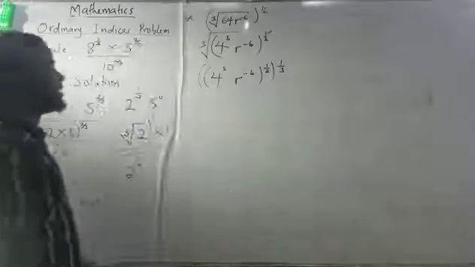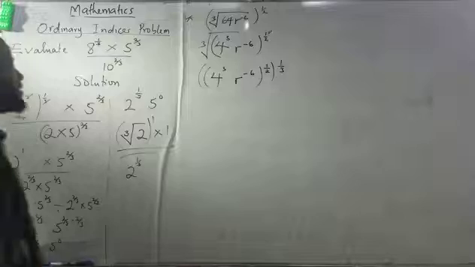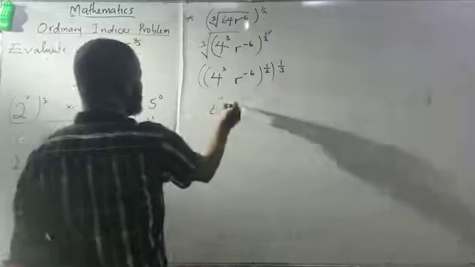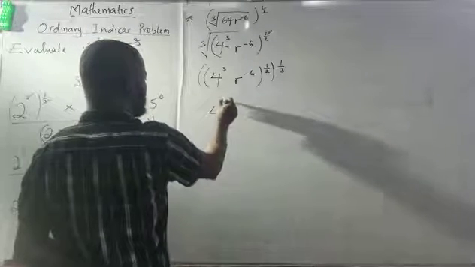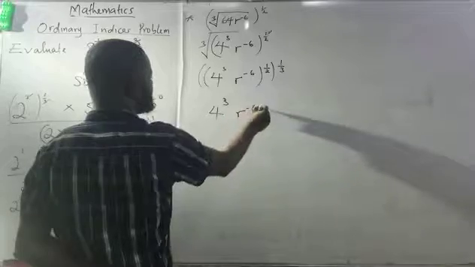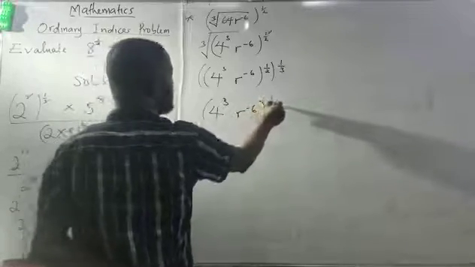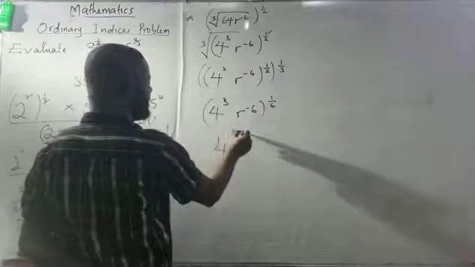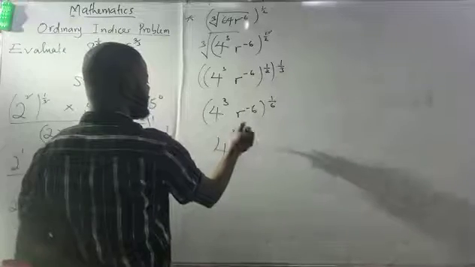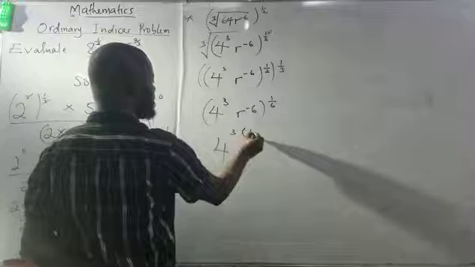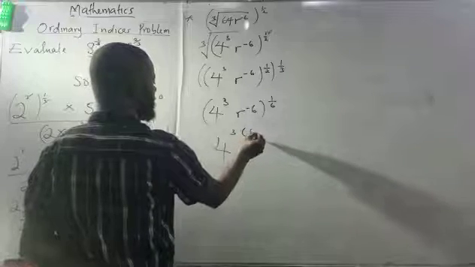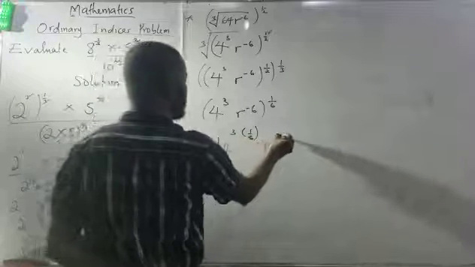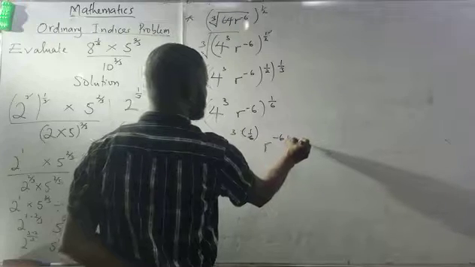Take note of this. Now, which is going to be 1 over 6. So 4 raised to power 3, r raised to power minus, and it will be 1 over 6. Now, I can answer 4 raised to power 3 in bracket of 1 over 6, r raised to power minus 6 in bracket of 1 over 6.